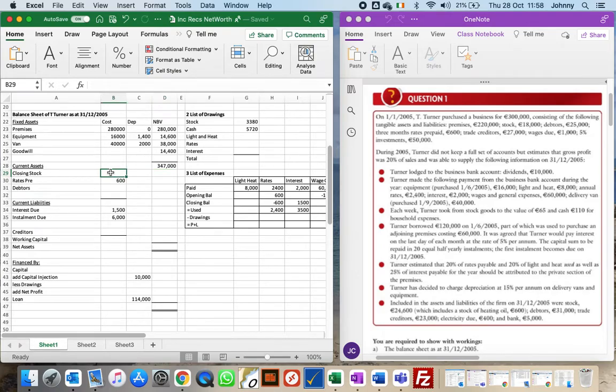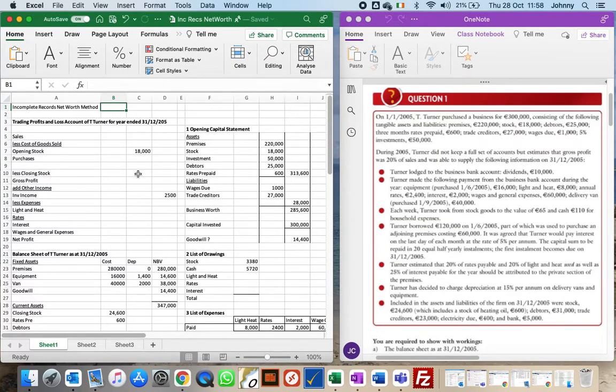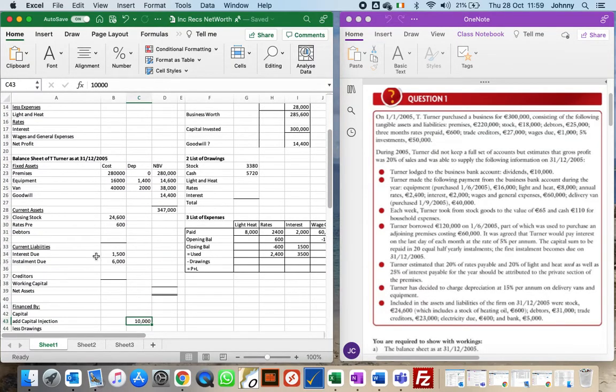Now, including assets and liabilities of the firm were stock 24,600. While I'm at it, I'm going to put that up here in my trading profit and loss, minus 24,600. Stock of heating oil is 600, so that's a current asset.